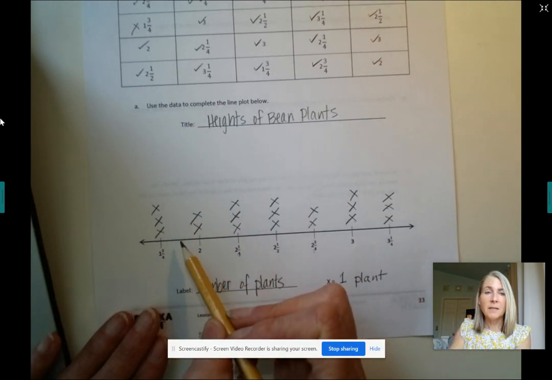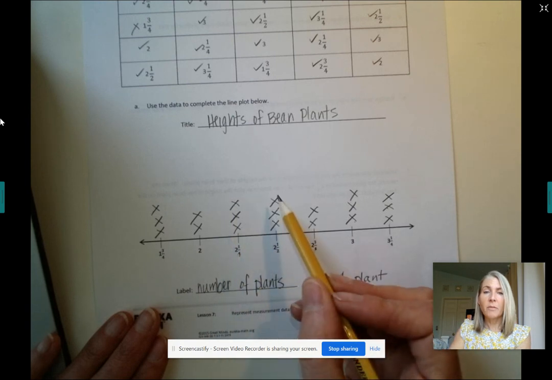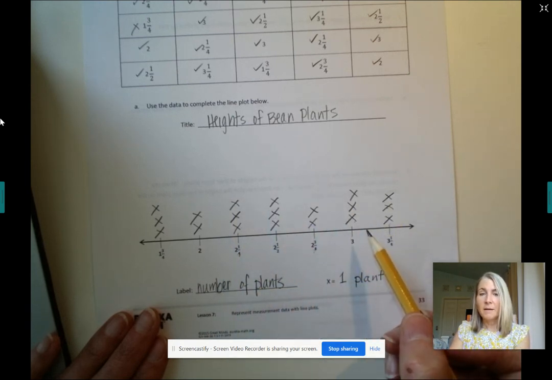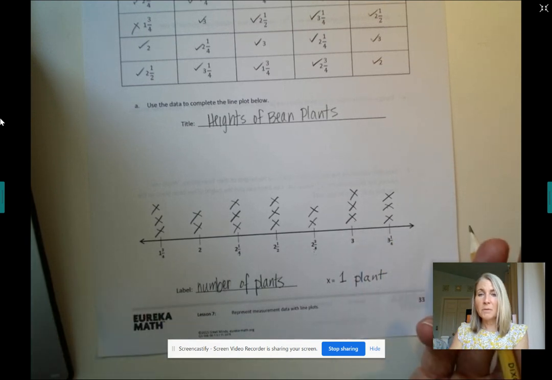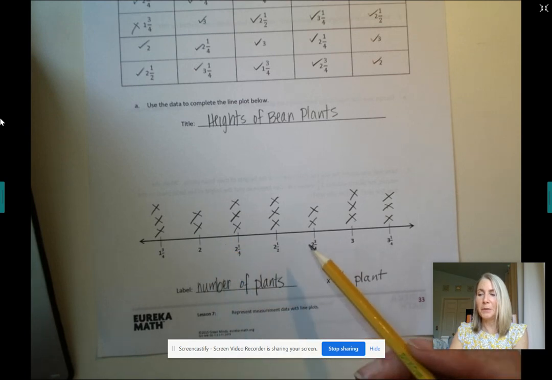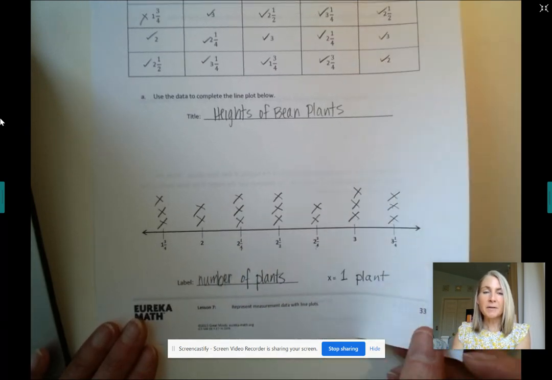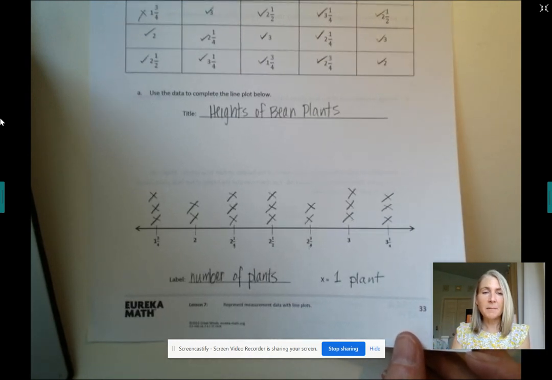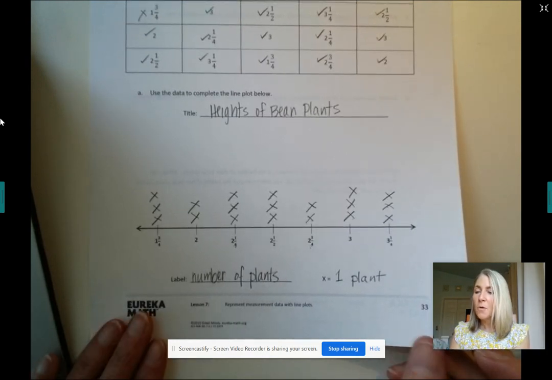I have 3 here, 3 here, 3 here, 3 here, and 3 here. So in terms of which measurement comes up the most, it's like all of them except for these two. So we will just record them as they show up on the line plot. So we'll start off with 1 3/4 and 2 1/4.